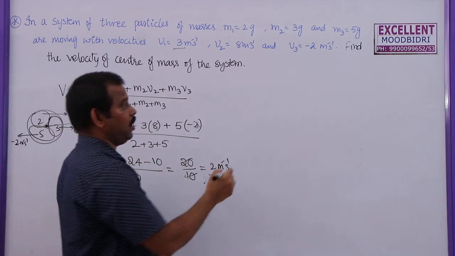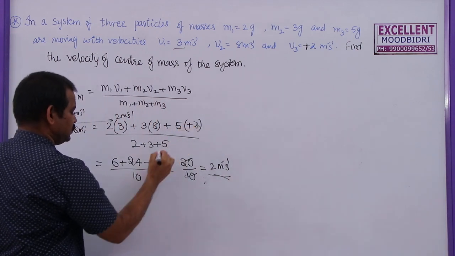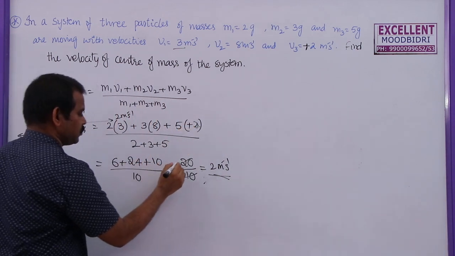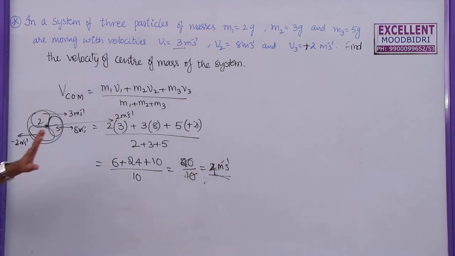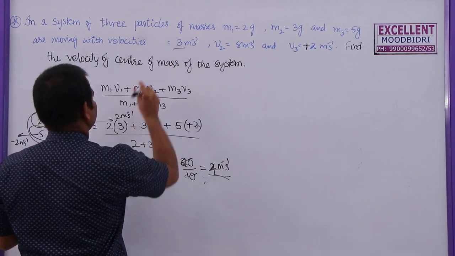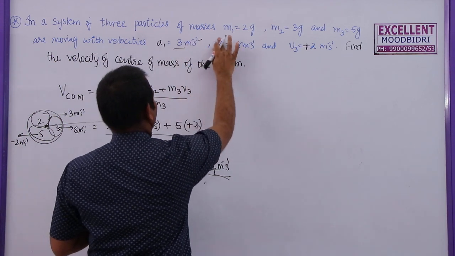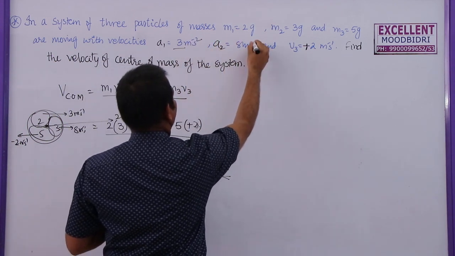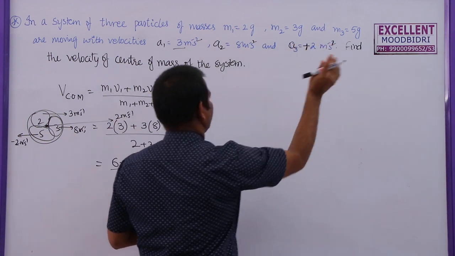Let us say if the third particle is also moving in the same direction, plus, then this will become plus 10, and the total will be 40, and the answer would be 4 meter per second. Similarly, if the same problem is given such that accelerations are given instead of velocity, let us say a1 equals 3 meter per second square, a2 is 8 meter per second square, and a3, let us say also in the same direction, plus 2.